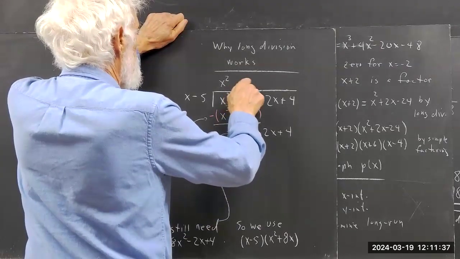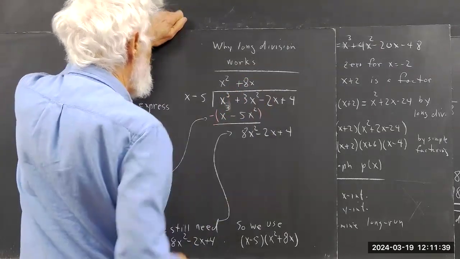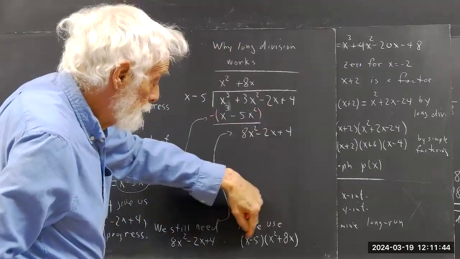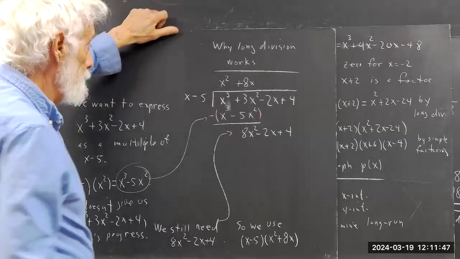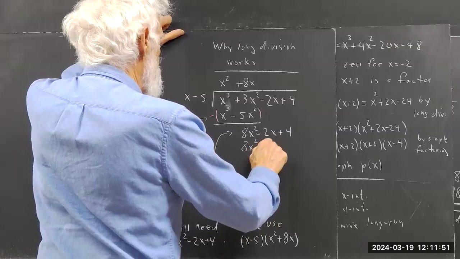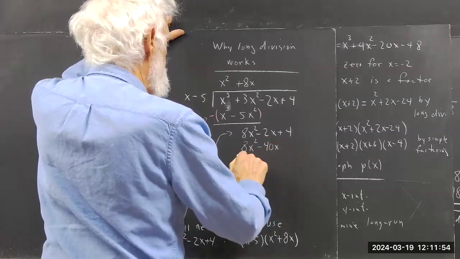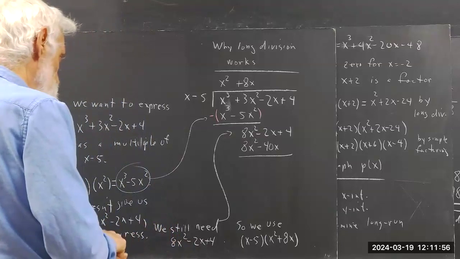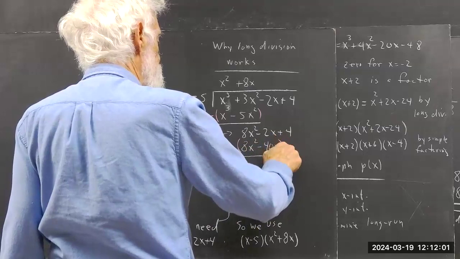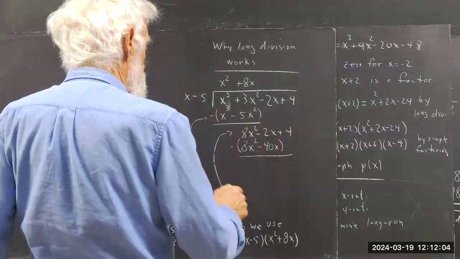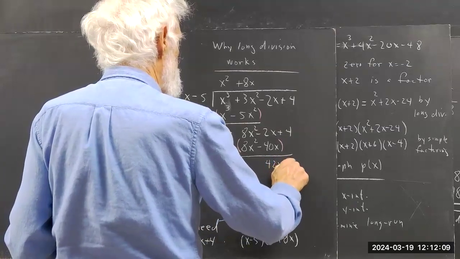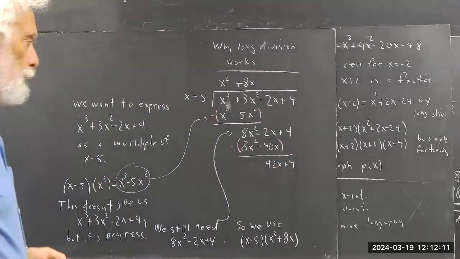Okay, so we're going to do x squared, we're going to add 8x here. When we add 8x, that's going to give us 8x times x minus 5. 8x times x minus 5 is 8x squared minus 40x. So we're subtracting all this from here, which is going to leave us 42x plus 4.